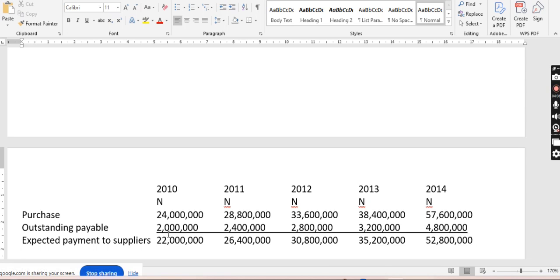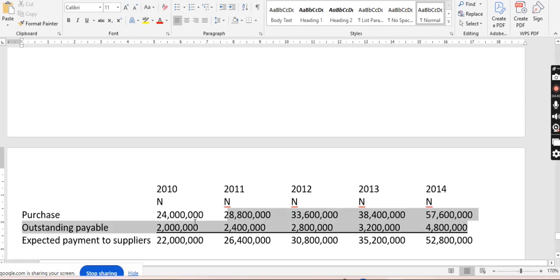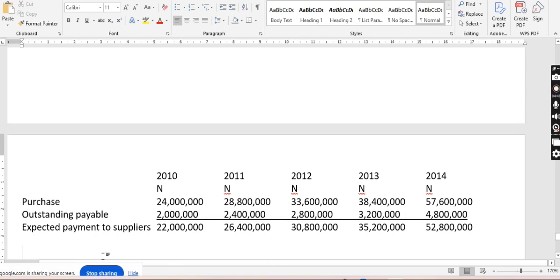Now, don't forget, these payments will be paid in the month following. Class, this payment will be paid in the month following, right? Payments made in the month following, that is 30 days.